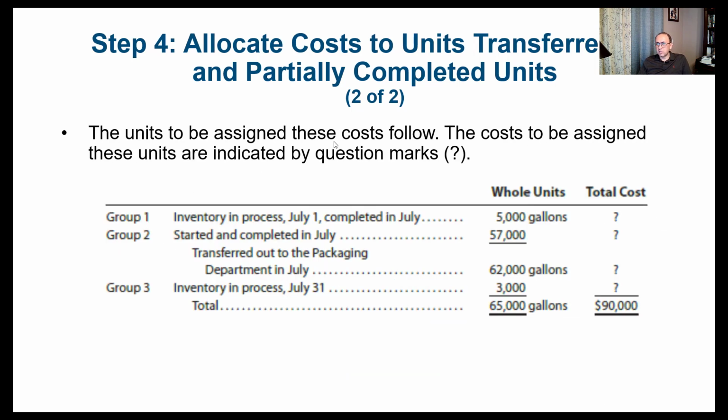The costs to be assigned to these units are indicated by the question mark. So again, for group number one we don't know the total cost, the same for group number two, and for group number three we still don't know how much. The only thing we know is that the total cost is $90,000.